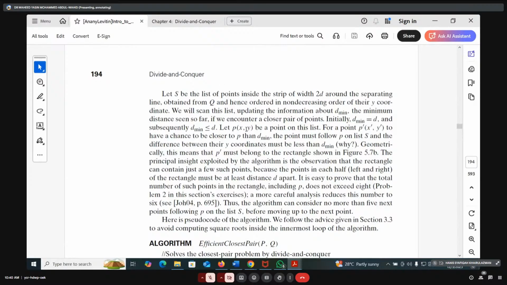Let p (x, y) be a point on this list. For a point p' (x', y') to have a chance to be closer to p than d min, the point must follow p on list S, and the distance between their y coordinates must be less than d min.